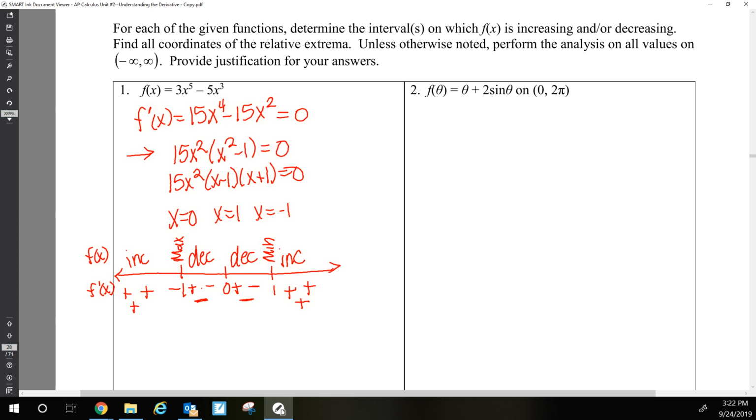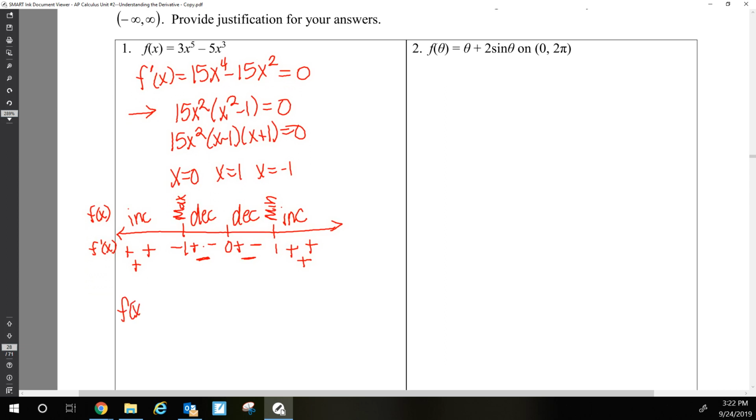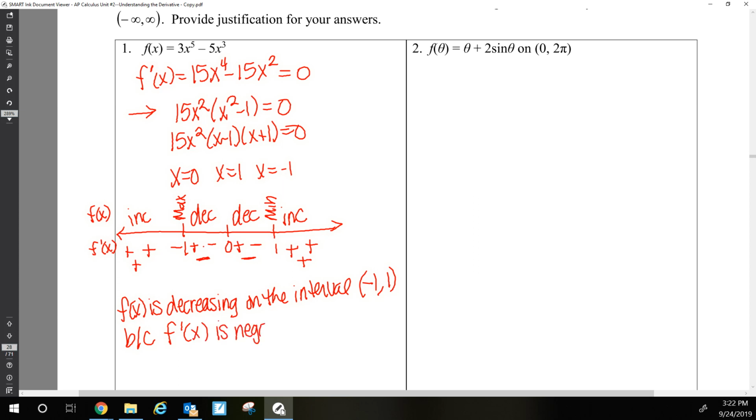First, where is f of x decreasing? I'm going to say f of x is decreasing on the interval -1 to 1, because f prime of x, the derivative, is negative. You could also put that symbolically: f prime of x is less than 0.